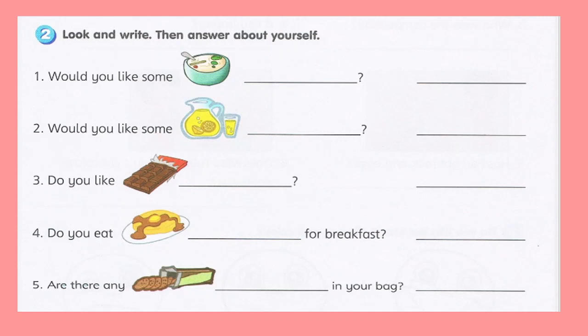So just read the sentences, look at the picture, then answer about yourself. It means it's unique to yourself. Do not copy your friends. Just answer it specific to yourself.